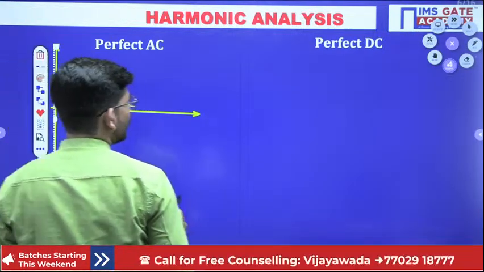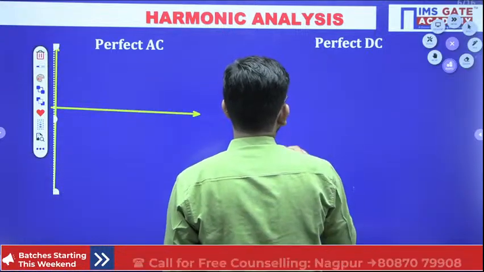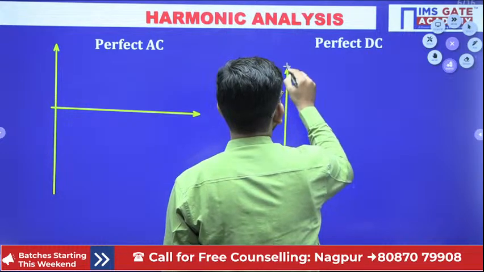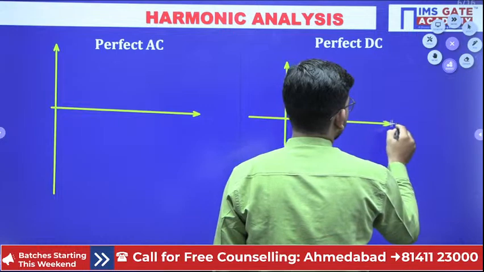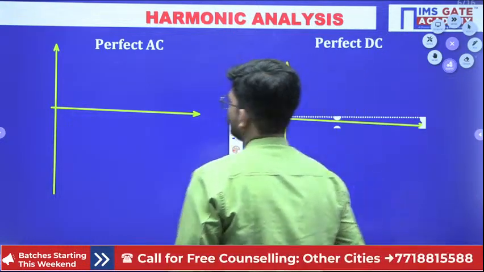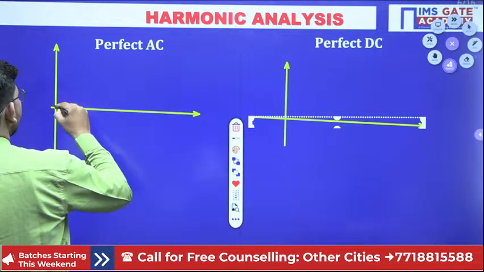So if we talk about perfect AC and perfect DC, then perfect AC might be having this shape and perfect DC is defined by this particular shape. If it is a perfect AC, what should be the shape of that waveform?